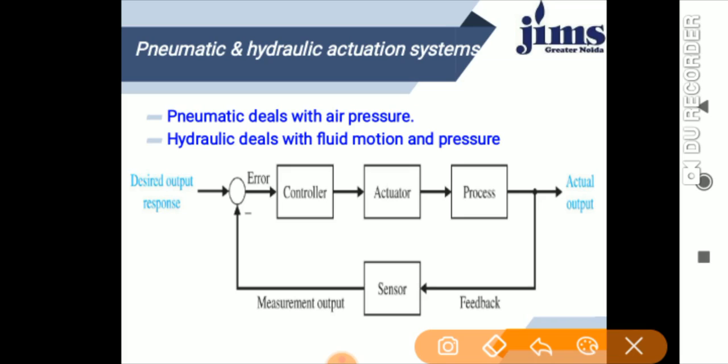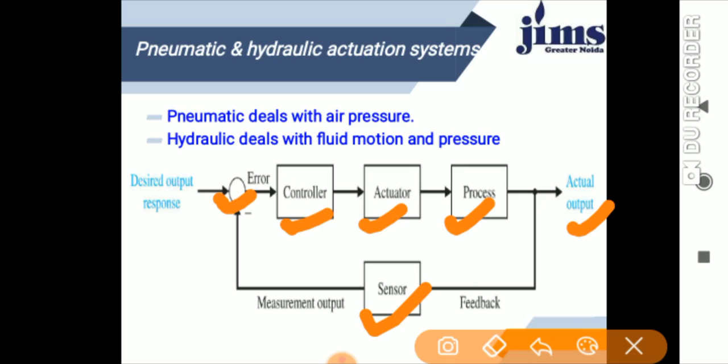Here you will see this is the input, and this is the desired output response. The input has been given, and there may be some errors. It goes to the controller, which passes the signal to the actuators, and the actuator actuates the process with the help of the machine. If the actual output produced is the same as the desired output, then the response will come in the form of feedback by the use of sensors.